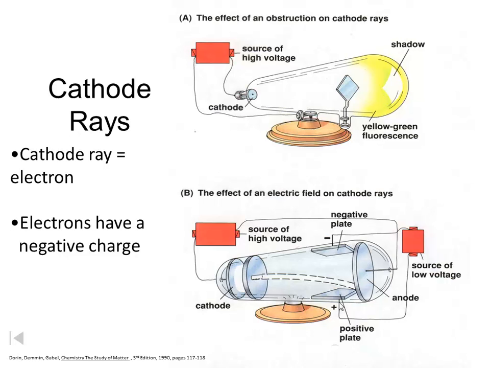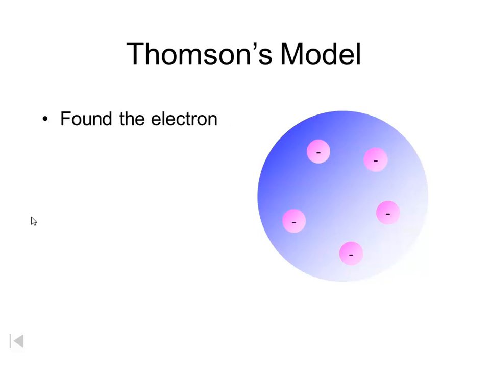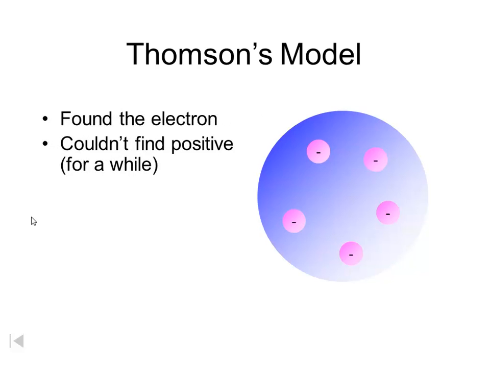Negative. So that's where they came up with the idea of a negatively charged particle in an atom. What do we call that negative charge one? The electron. This is where they first came up with the idea of the electron. The cathode ray was a beam of electrons, they later found out, and they figured that they must have a negative charge. So Thompson discovered the electron.